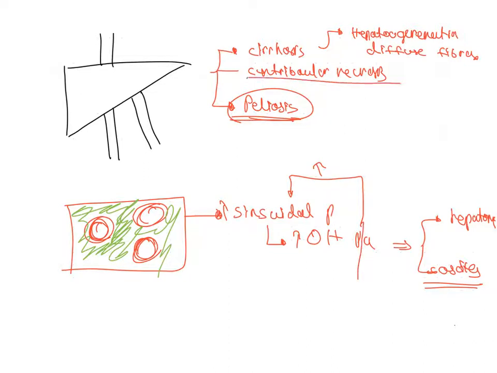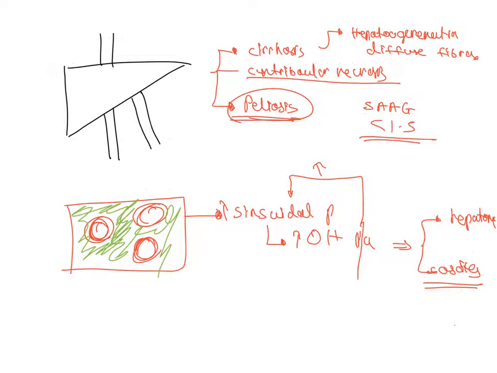Then central lobular necrosis, which happens due to heart failure, typically right heart failure or constrictive pericarditis. How to differentiate between cirrhosis and central lobular necrosis? It's quite simple. Both cirrhosis and central lobular necrosis will have a serum-ascites albumin gradient greater than 1.1.